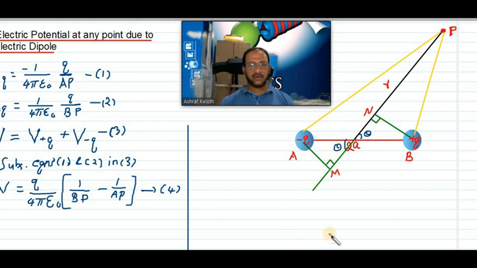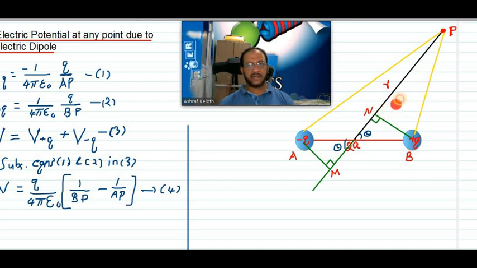Now what we are going to do here, listen, normally we apply this equation for ideal dipoles. An ideal dipole means it is like a molecule of HCl. If you take an ideal dipole, this 2A distance is very, very small. In such a case, we can consider the distance BP to be almost equal to the distance NP.